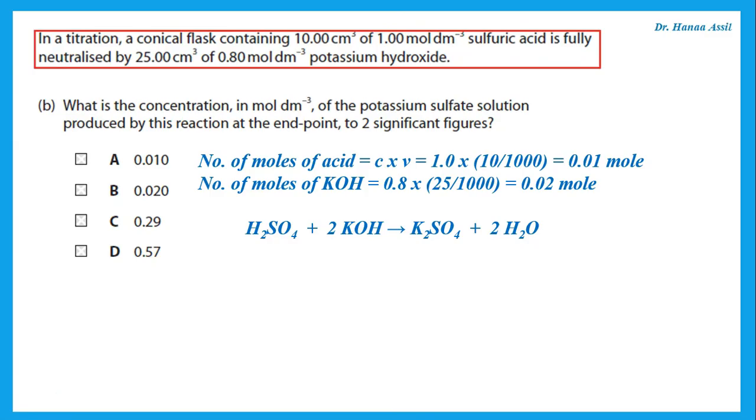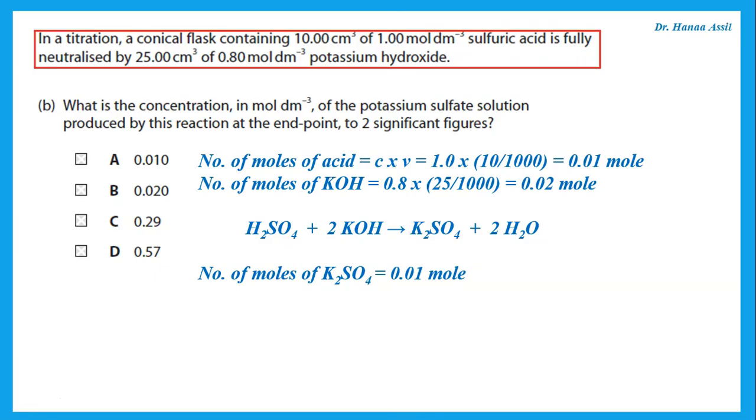So according to the equation, the number of moles of potassium hydroxide should be twice the sulfuric acid, and that's exactly what we have. So the number of moles of either of them can be used to determine the potassium sulfate. So based on that, the number of moles of potassium sulfate is either the same as the acid or half the KOH. So that's 0.01.